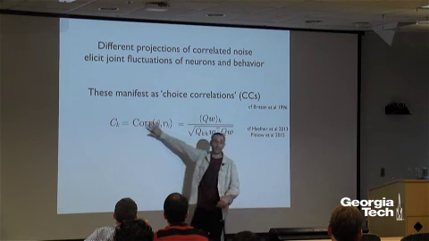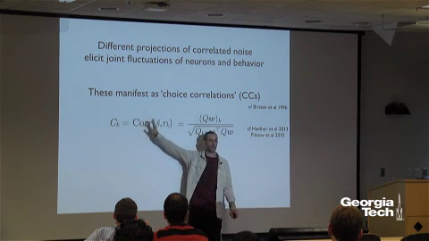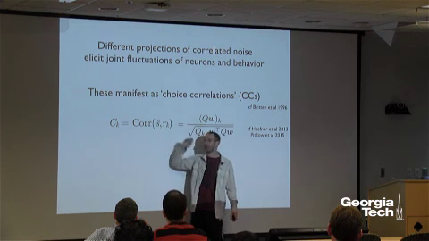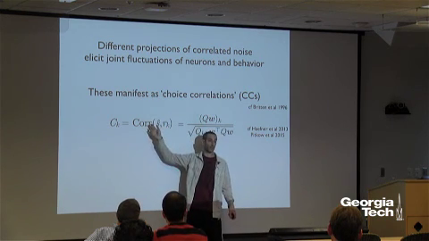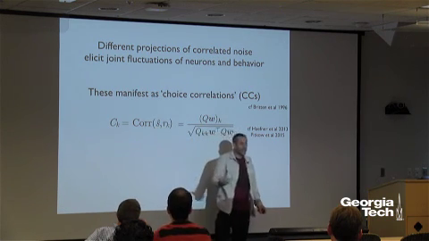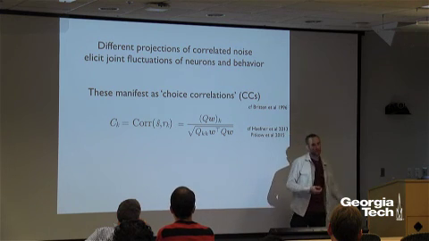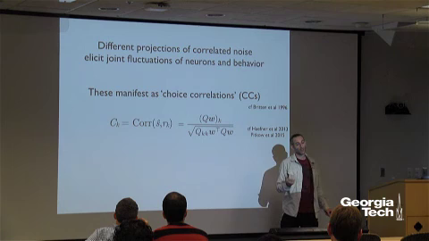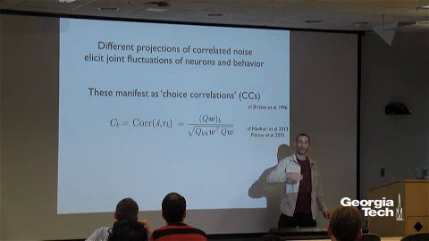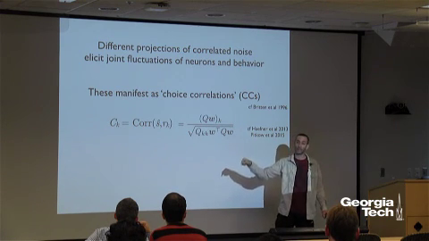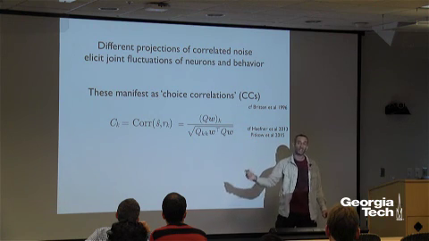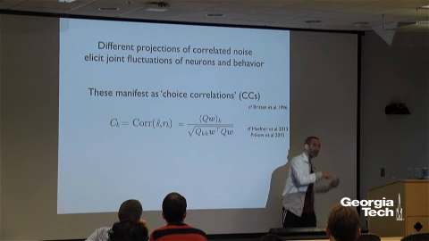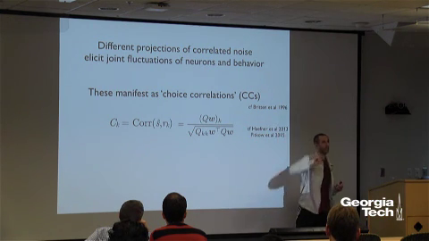Now, the reason that it's nice to think about correlations between neurons and choices: you can imagine if you have a neuron that's highly correlated with your choice, that suggests that that neuron is maybe influencing the choice. But it doesn't have to be that way. Instead, it could be an indirect effect. This neuron could be correlated with the choice because it's correlated with another neuron, and the other neuron is causing the choice.